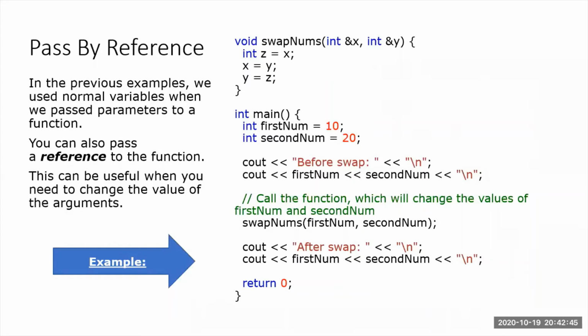If you don't have a pass by reference, like in this case, and you can tell it's pass by reference because you have the ampersands before the variable, so these are the ampersand symbols. If you have that, it means this is a pass by reference function. Okay, so if you have that, then that means you're trying to change the value of the variable.